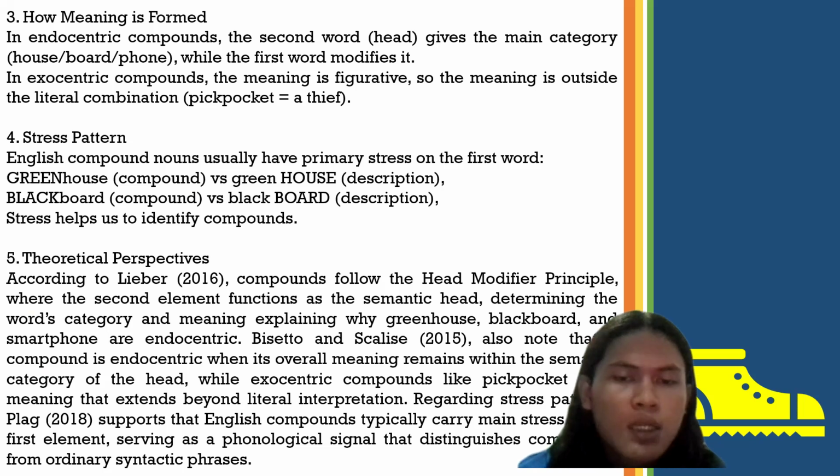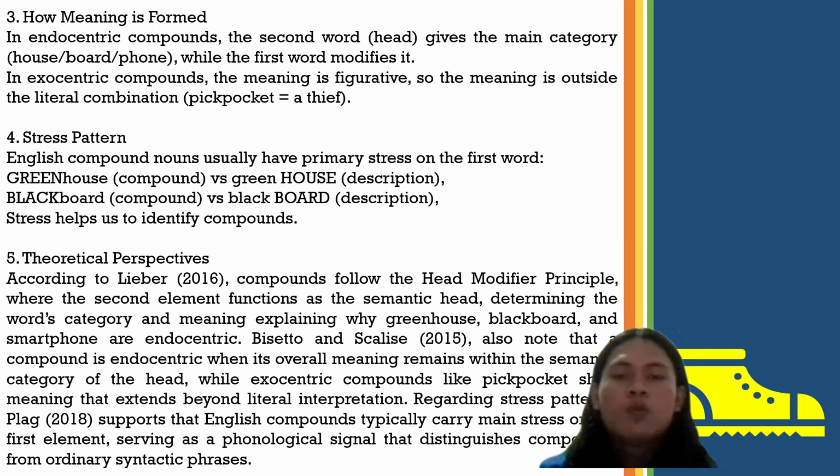Bisetto and Scalise, 2015, also note that a compound is endocentric when its overall meaning remains within the semantic category of the head, while exocentric compounds like pickpocket show meaning that extends beyond literal interpretation.